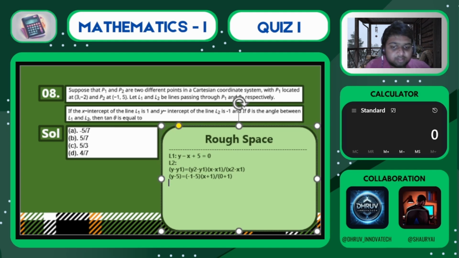Then y minus 5 equals minus 6x minus 6, so y plus 6x plus 1 equals 0 is the equation of line 2.